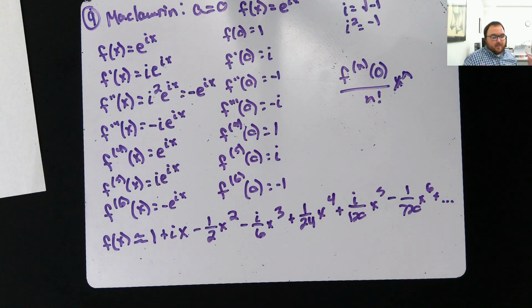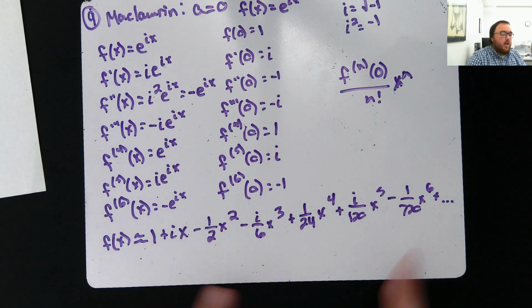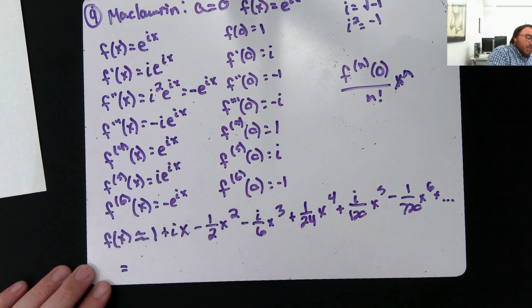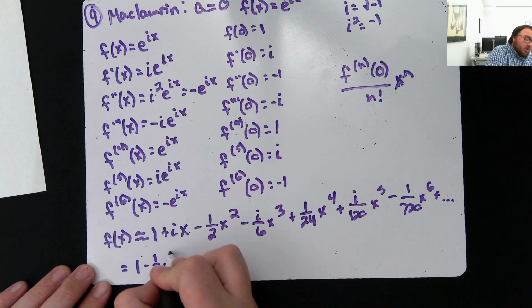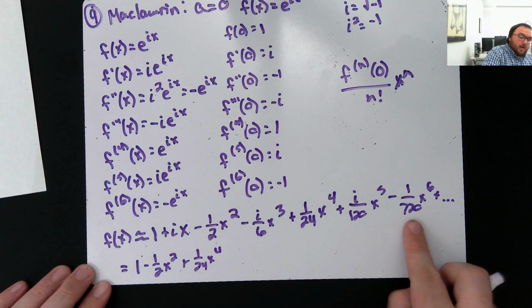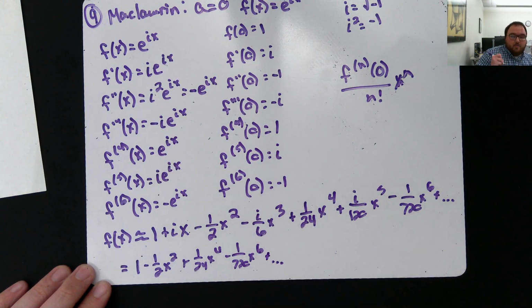Let's see if I can rewrite this. Notice some of these terms have an i, some of them don't, right? So let's group up every term without i, and then group up every term with i. So the terms without i is going to be 1 minus 1/2 x squared plus 1 over 24 x to the fourth minus 1 over 720 x to the sixth, on and on.